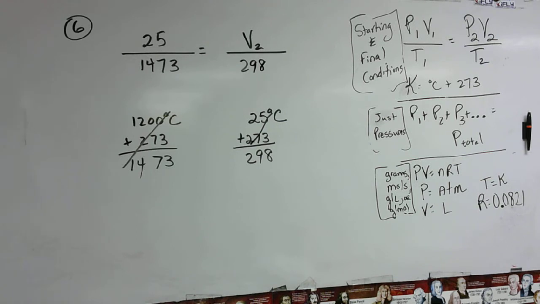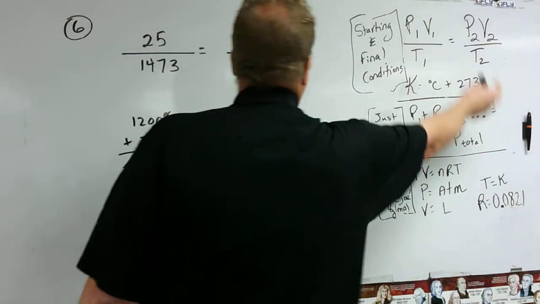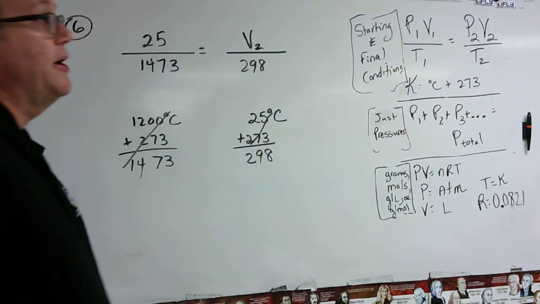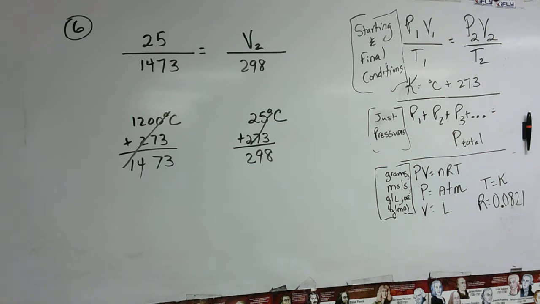So again, we're all set up, and it looks like this. Now, if you're dealing with this type of thing, temperature is the only thing that's ever going to go on the bottom. So do not put a volume or a pressure down at the bottom because it doesn't work.